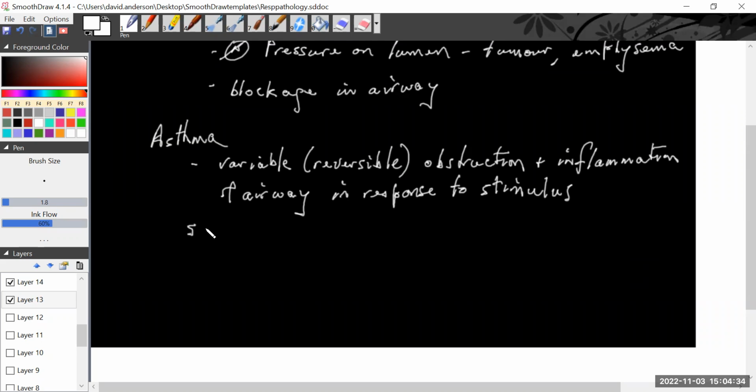So when we look at the signs and the symptoms, and this is going to be to compare against other types of obstructive diseases that we're going to be talking about, this is one of the ways we're going to be able to differentiate. So in asthma, the presentation is often sudden and is going to present with some wheezing, difficulty breathing.